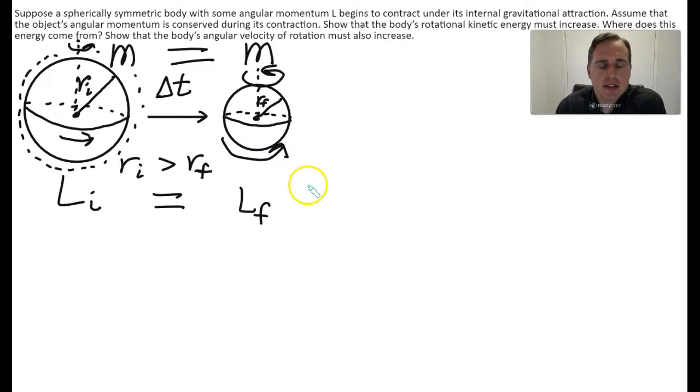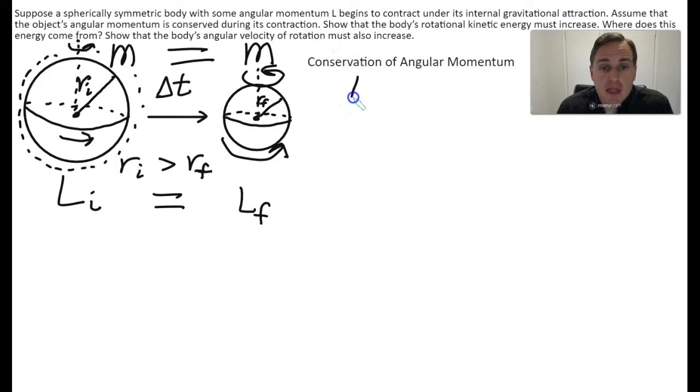So I think this is going to be the conservation of angular momentum. Using the conservation of angular momentum, the initial angular momentum should equal the final angular momentum because all the torques are internal. So again, all the tau are internal.